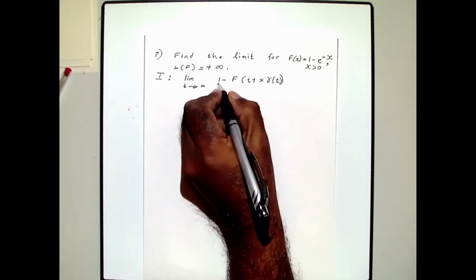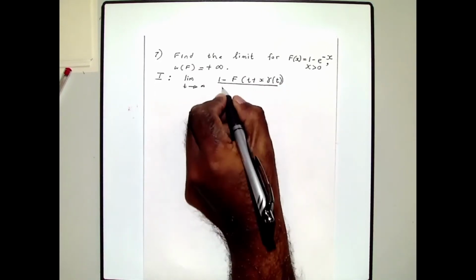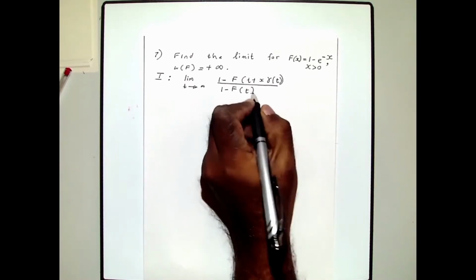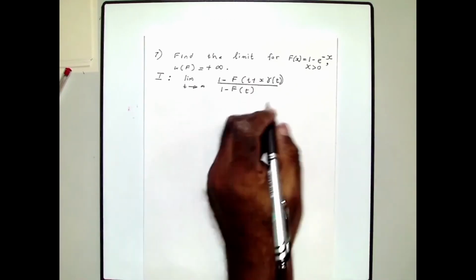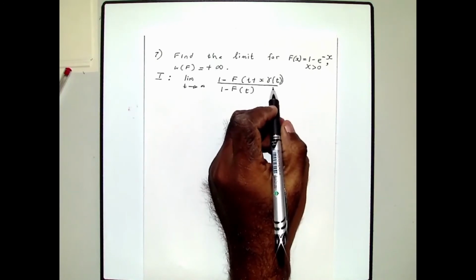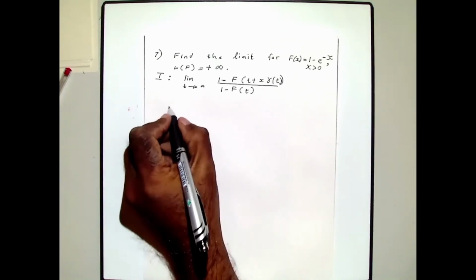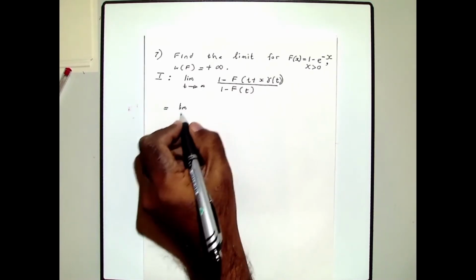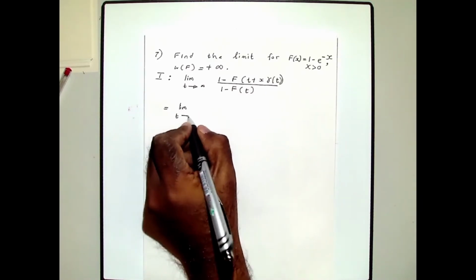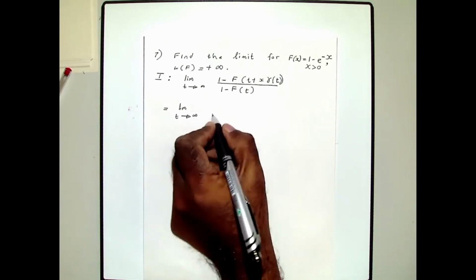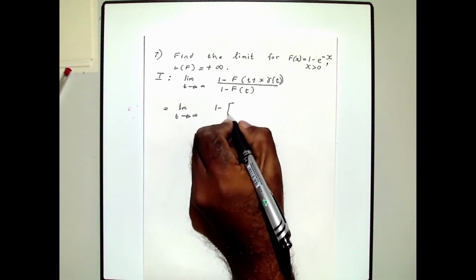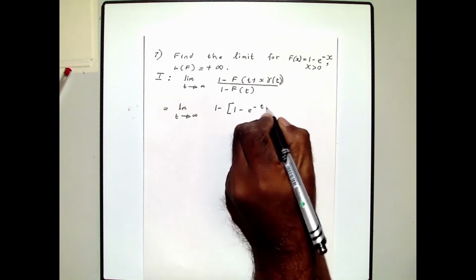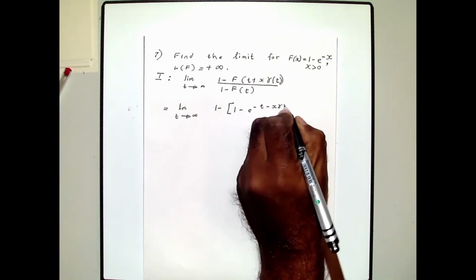Where gamma t is a positive function. Let's see what this is. So this is the limit as t goes to infinity of 1 minus e minus t minus x gamma t.